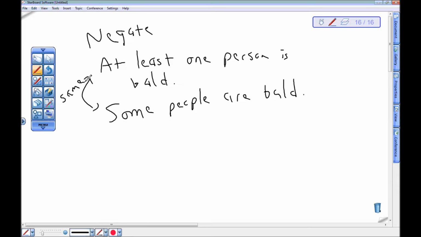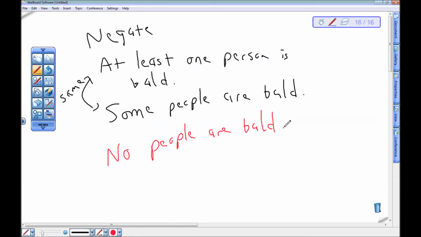So to negate some A are B, if I look at my table, I want to say no A are B, or no people are bald. So the negation of at least one person is bald is no people are bald, or there are no people that are bald.